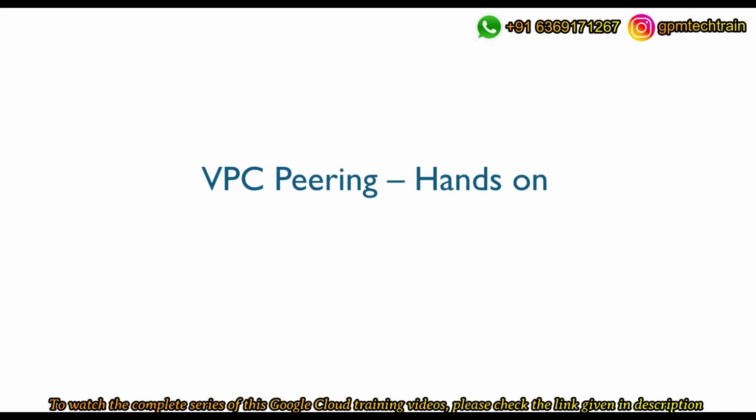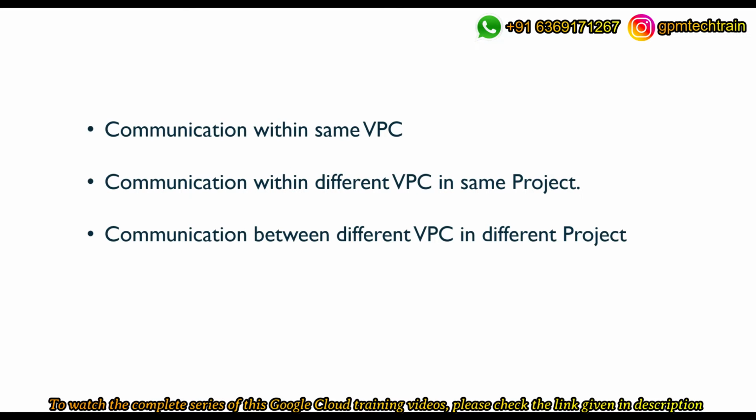So in this video, in continuation to that, let's have a hands-on, practical understanding of VPC peering. There are two different possibilities again. Either we can establish a VPC peering between different VPCs in the same project, or we can establish a VPC peering between different VPCs that are part of different projects.